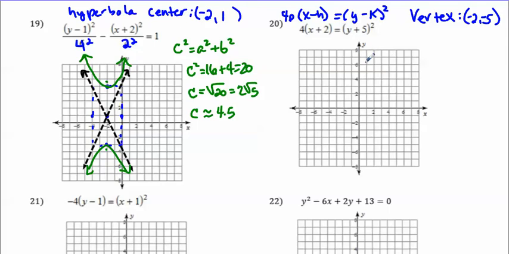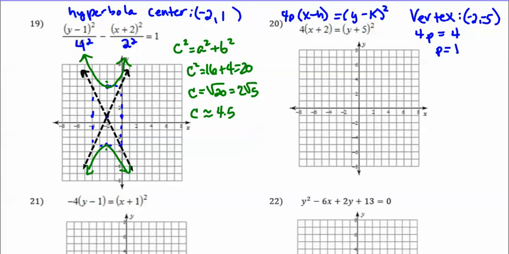Alright, and then you want to find your p-value. So you take this number that's outside the linear term, and you're going to do 4p, which is here, equals 4, and divide both sides by 4 to get p equals 1. You're going to use that p to find the location of the focus and the directrix.